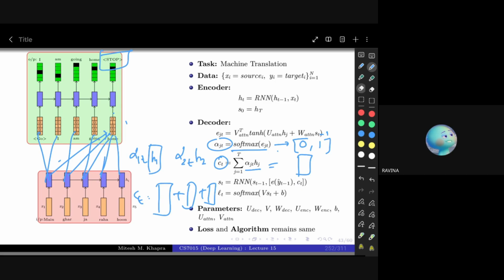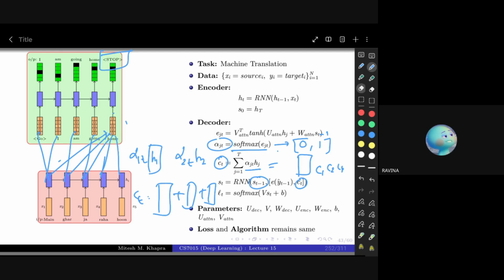We do the same process. You can see in the RNN what I'm doing: s_(t-1), y_(t-1) and c_t. At each timestamp I compute this c_t: c_1, c_2, c_3, and so on; it starts from c_1. So at every timestamp I have to do it. This process is repetitive.